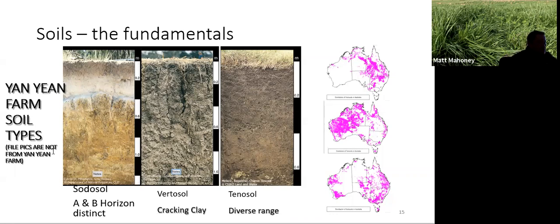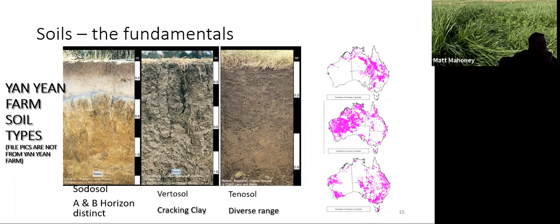We've got a sodosol, which has a distinct A and B horizon, a vertisol, where it's not quite as distinct, so it lacks that contrast, and a tenosol, which also lacks that contrast. It's a bit hard to read, but the pink shows where these soil types are commonly found: your sodosols, your vertisols, and your tenosols.